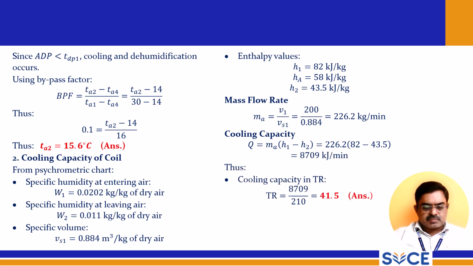Then cooling capacity in terms of tonnage of refrigeration is equal to 41.5, and cooling capacity in kilowatts, 8709 divided by 60, is equal to 145.15.